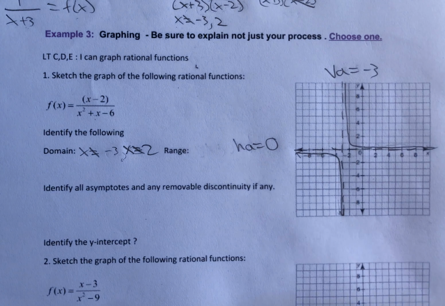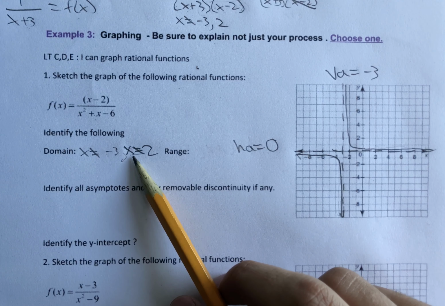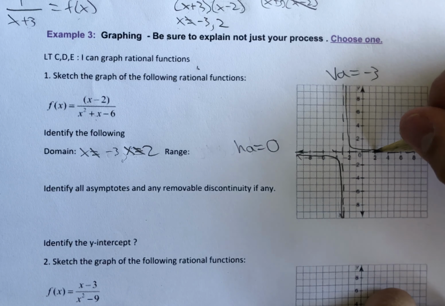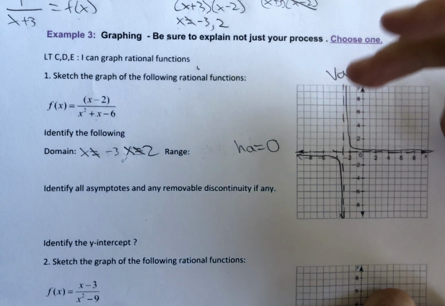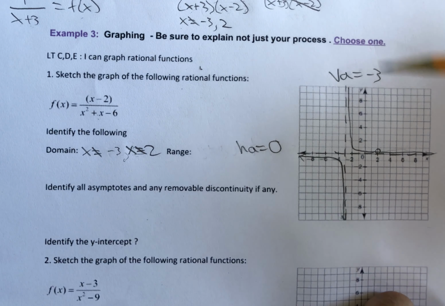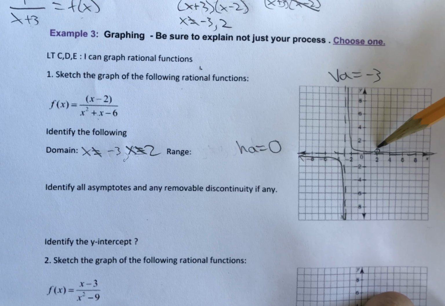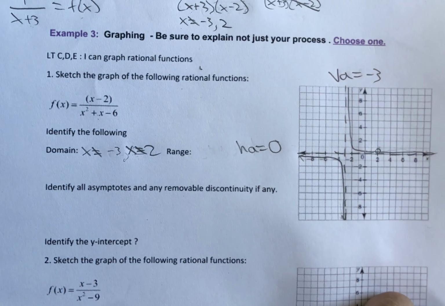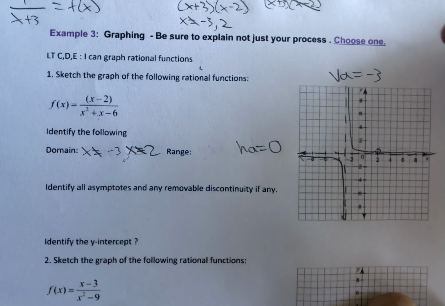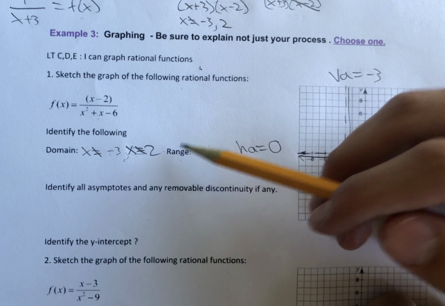So we need to find the removable discontinuity here. We know that x cannot equal 2. So that means we go to 2, and we go up until we meet the line, and then we make a circle right where the line is, because there technically cannot be a point right there. So we need to find what the y value of that is, because we cannot have that, and we need that for the range.